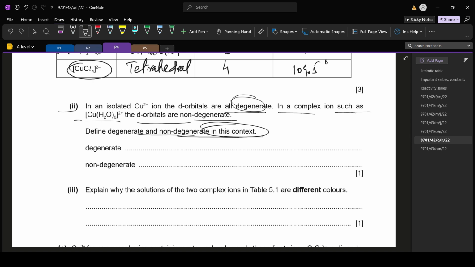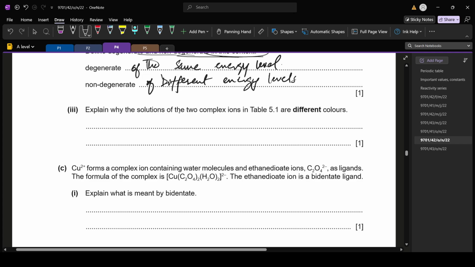Degenerate means of the same energy level, and non-degenerate means of different energy levels.